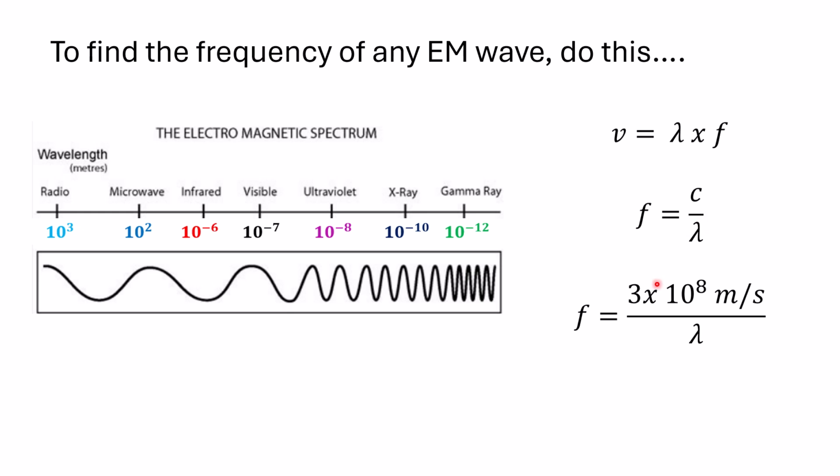So doing the substitution, the speed of light is 3 times 10 to the 8 meters per second, and having an estimation of any of those electromagnetic waves, you can easily calculate the frequency of the wave they are asking.